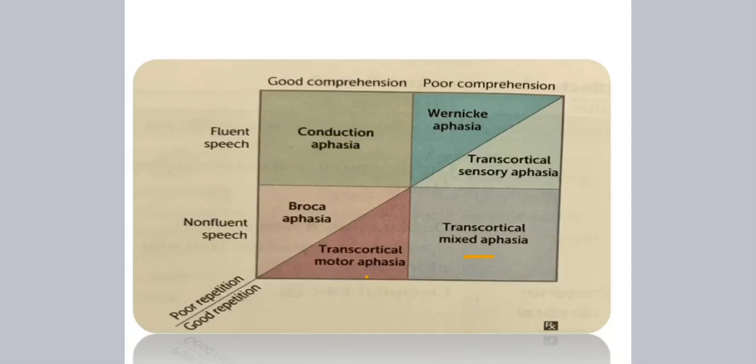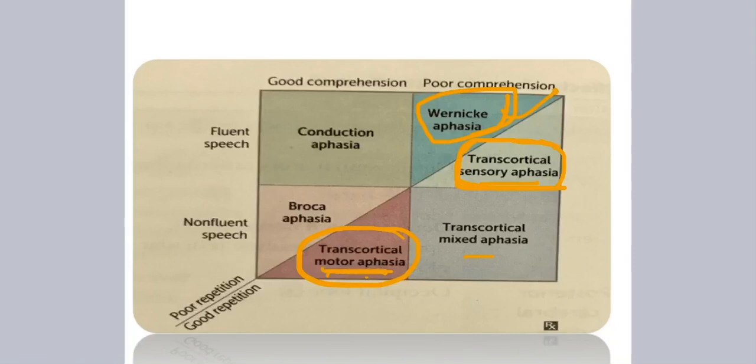First of all, transcortical motor aphasia means the person's entire frontal lobe is getting affected except Broca's area. And in the case of transcortical sensory, the entire temporal lobe is getting affected, but Wernicke's area is working fine, right?